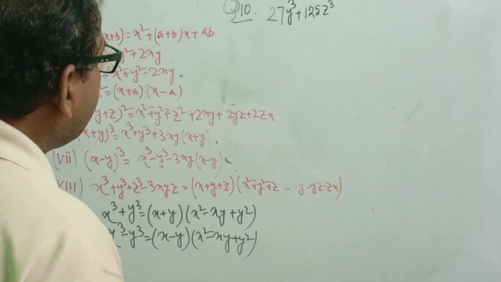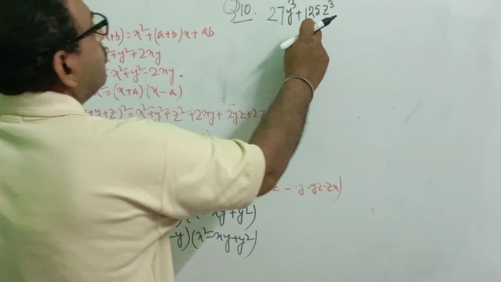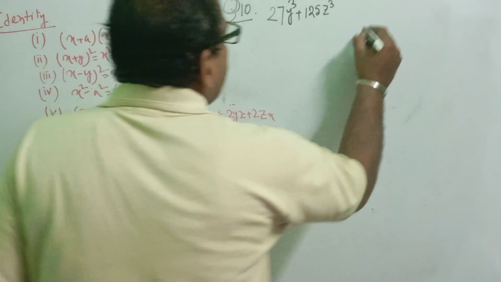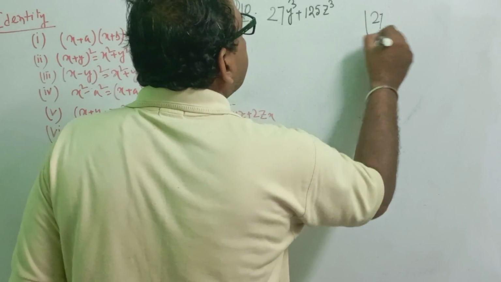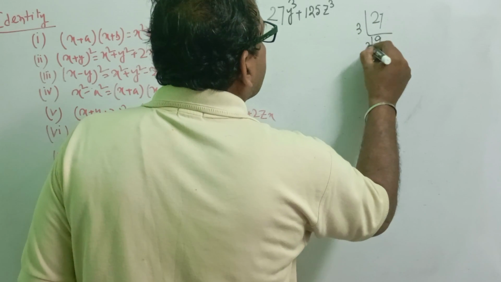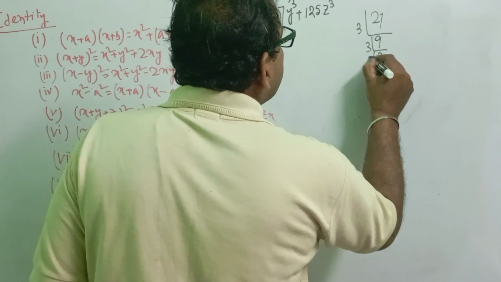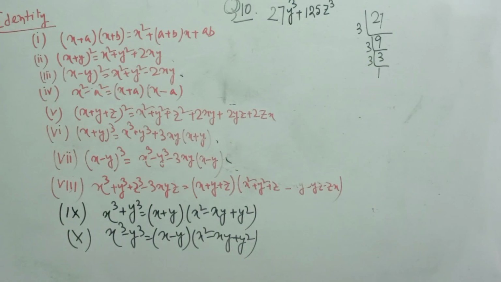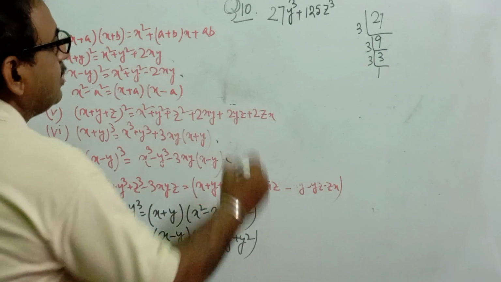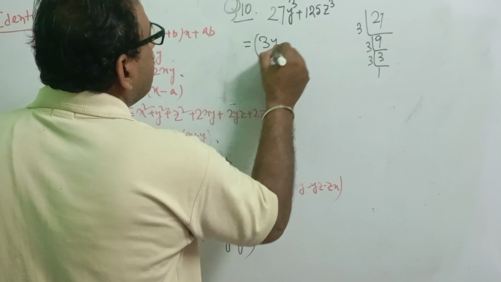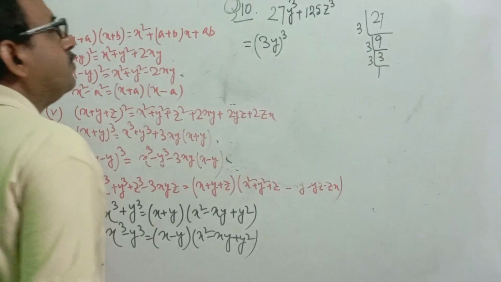Now we can see that this 27 and this 125 are cubes. 27 is 3 times 3 times 3, which can be written as 3y whole cube.